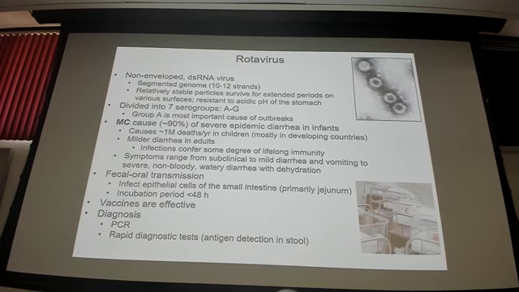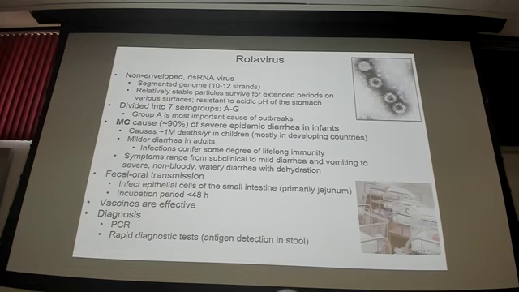It has a strange replication mechanism that we don't have to talk about, but it is important to know that it is a segmented genome. Because of that, it has the potential to reassort. Non-segmented viruses don't have that potential, but viruses like orthomyxoviruses, influenza for example, and rotavirus can reassort. And that can create increased genetic diversity in this virus population.